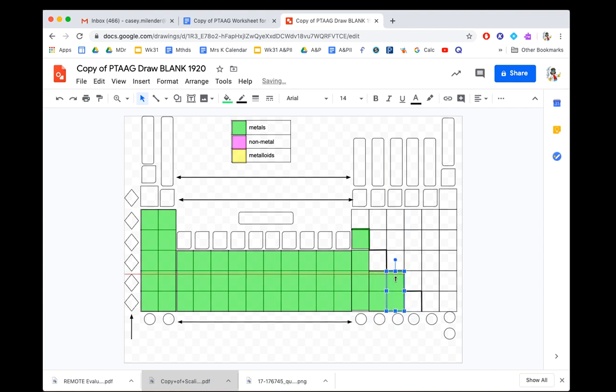Okay, so it doesn't matter at the moment what these elements are. What you're looking at here is a pattern. Okay, so when you're thinking about the periodic table, you can visualize all this green over here and know that those are metals.